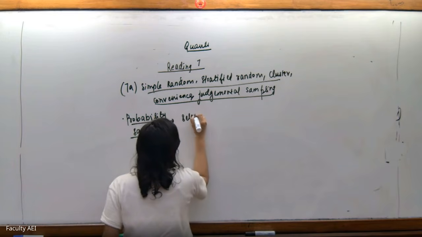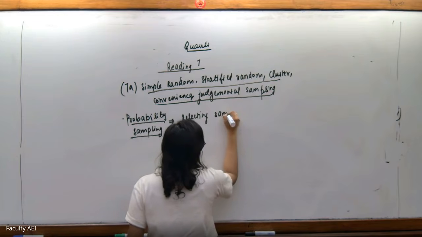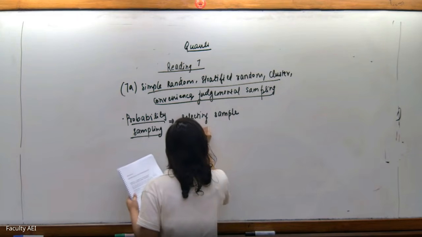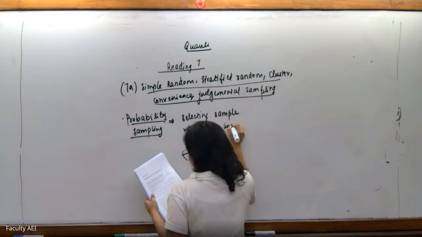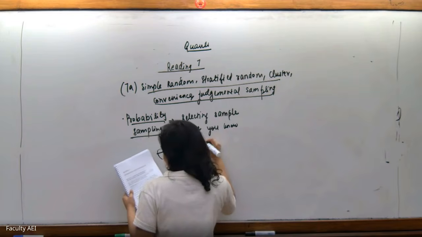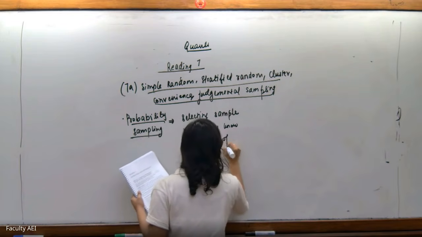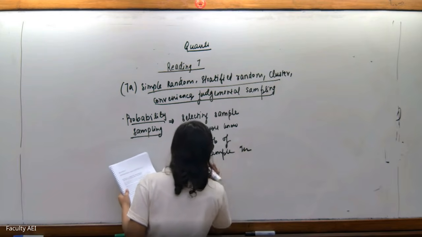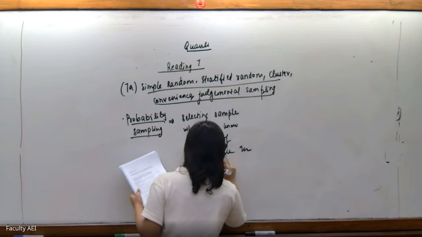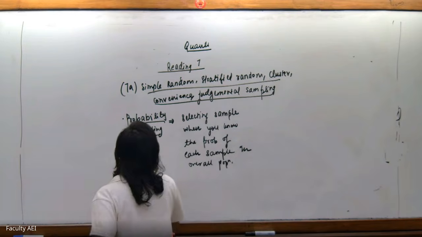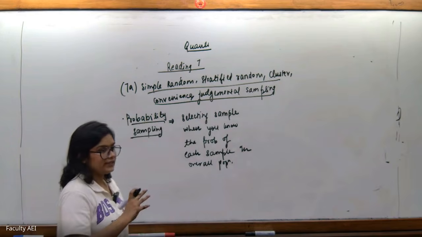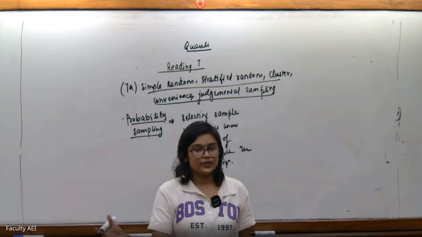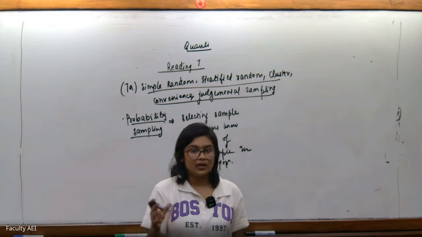It means you are selecting a sample when you know the probability of each sample in the overall population. Let's say you have 100 assets and you want to select 10 assets from these 100 assets.